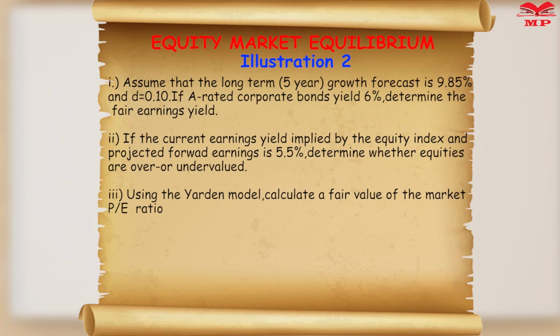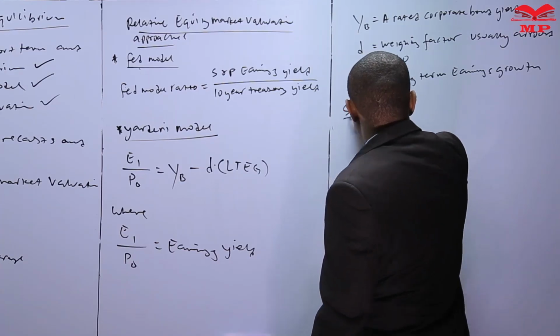Part 2 asks: if the current earnings yield implied by the equity index and projected forward earnings is 5.5%, determine whether equities are over or undervalued. Part 3 asks: using the Yardeni model, calculate the fair value of the market PE ratio.